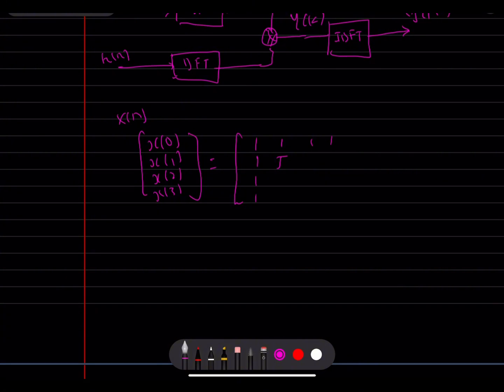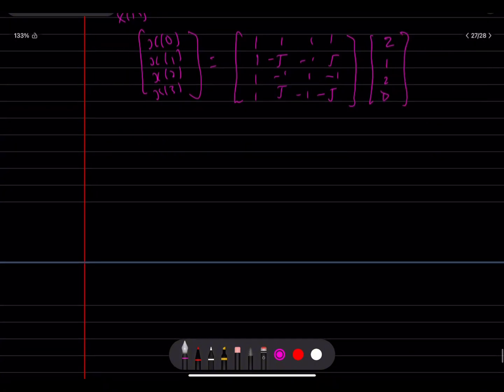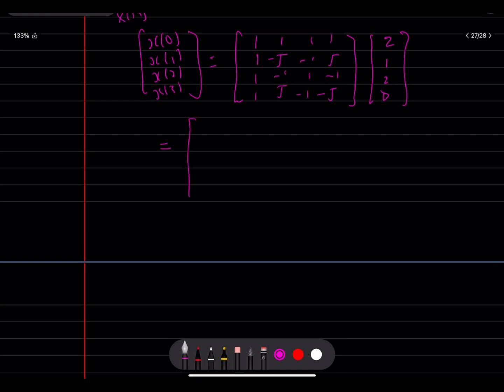Yes, j is forward, so go here, -1, -1, -1, and 1. And then the input is 2, 1, 2, and then 0.